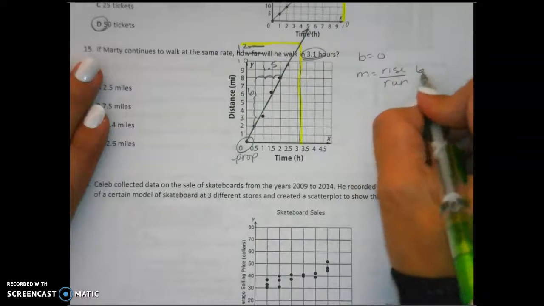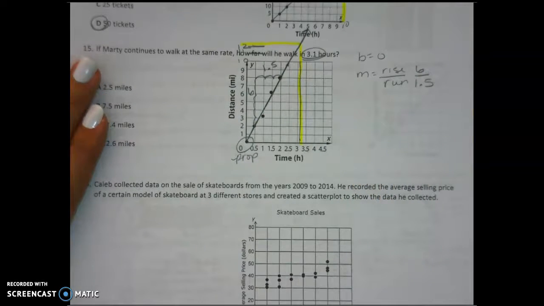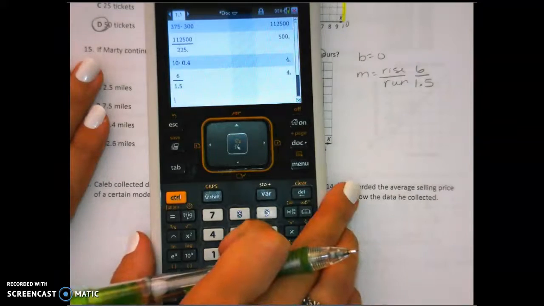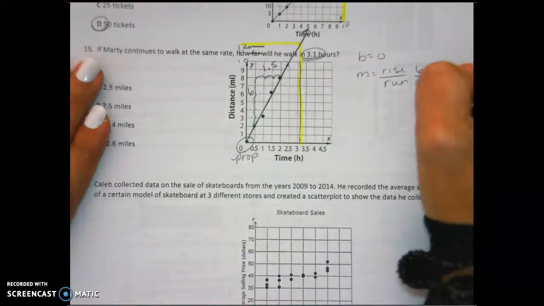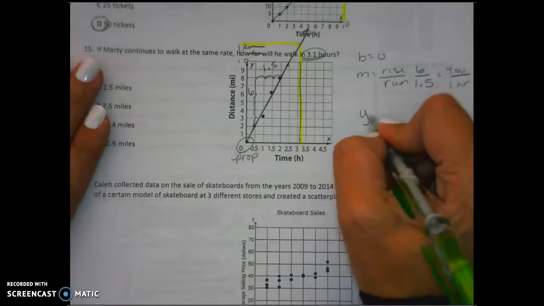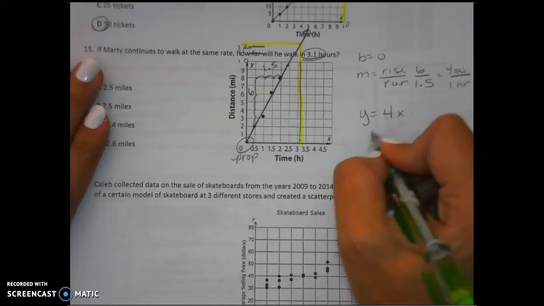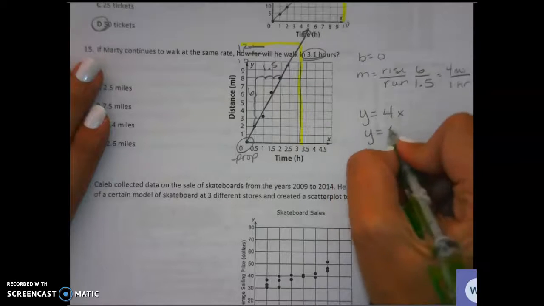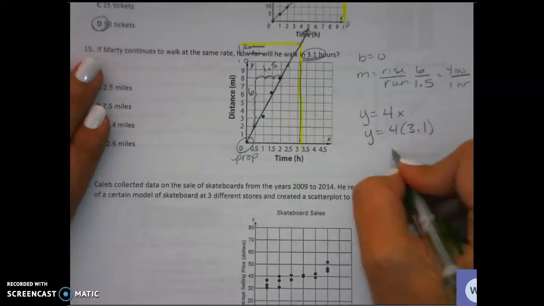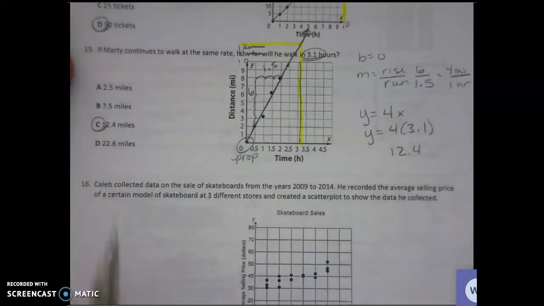So our slope is 6 over 1 1/2, which, looking at my calculator, 6 divided by 1 1/2 is in fact 4. So our slope would be 4 miles over 1 hour. So we can write our equation, y equals 4x, and we can plug in our number of hours. 4 times 3.1 is in fact 12.4.